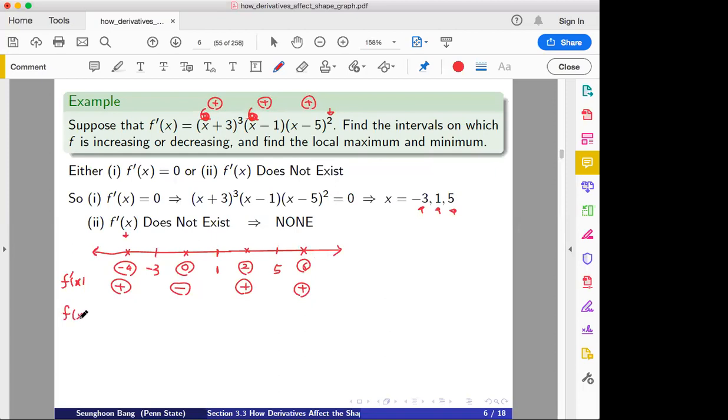So what is f of x? f of x is increasing, decreasing, increasing, increasing. This is the idea for solving this problem.